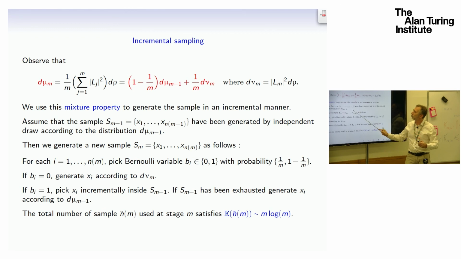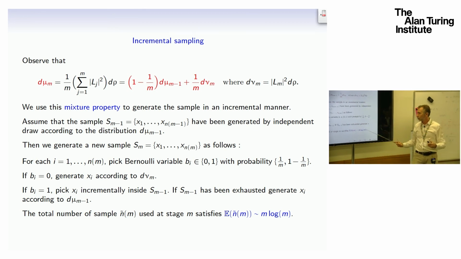You just assume that you have generated your sample independently according to the first distribution. Now, how are you going to generate your new sample? Basically by rolling the dice, okay? With probability 1 minus 1 over m, pick from this sample, and with probability 1 over m, pick from the update distribution.